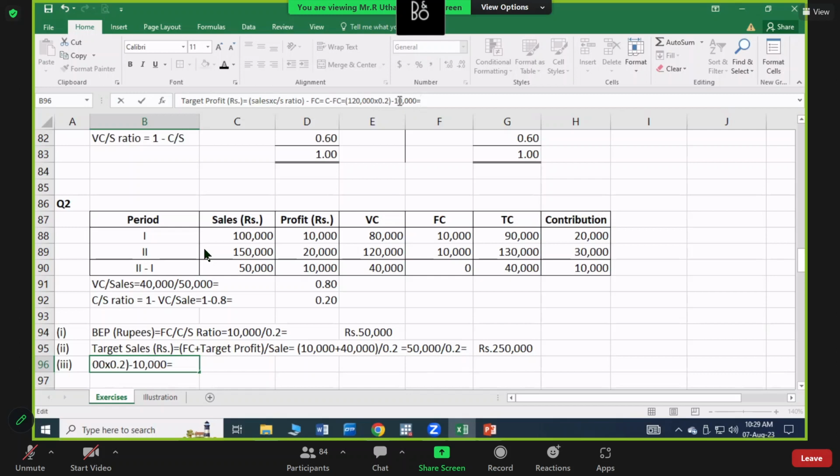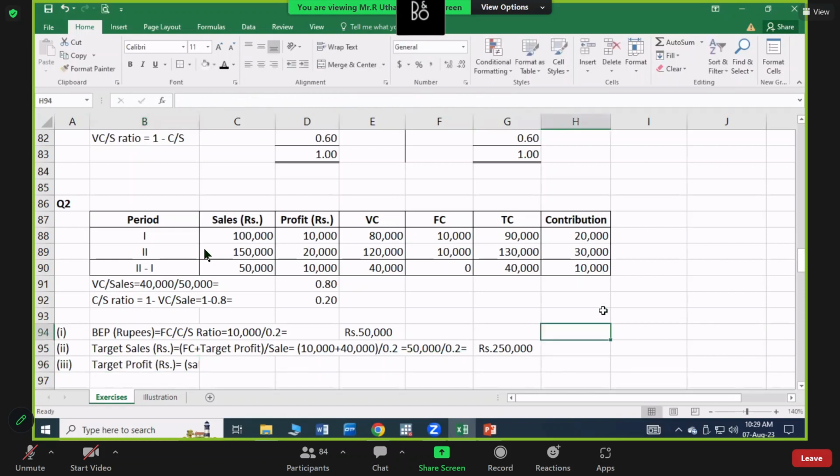So which is equal to 24,000 minus the 10,000, which is equal to 14,000. 14,000 profit.